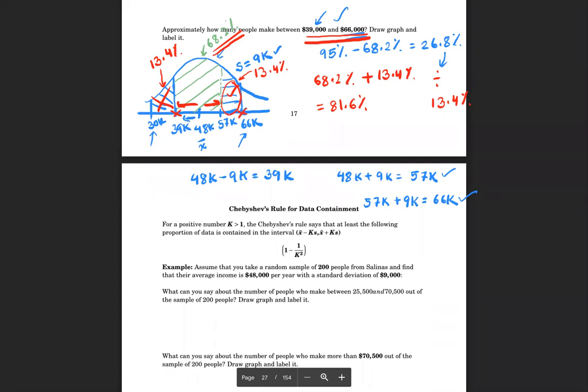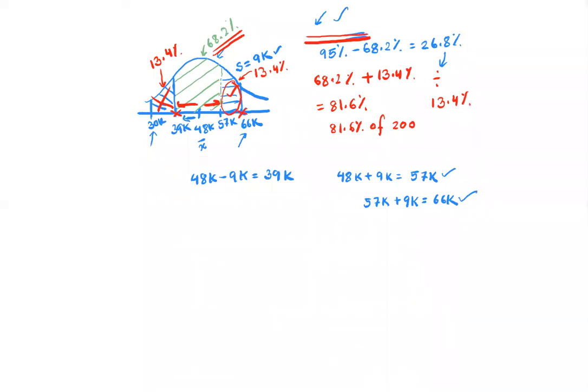Now, 81.6% of the total people you sampled, which is 200. So that's going to be 81.6 over 100 times 200. 2 times 81.6 is 163.2, but people cannot be fractions, right?